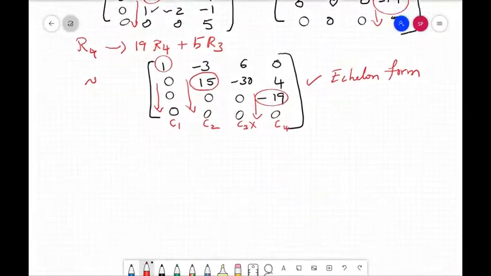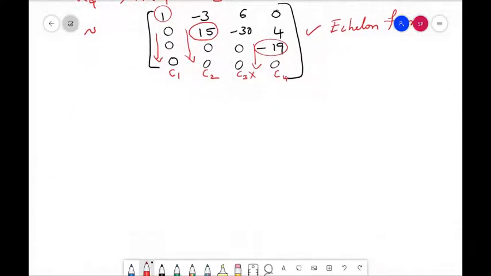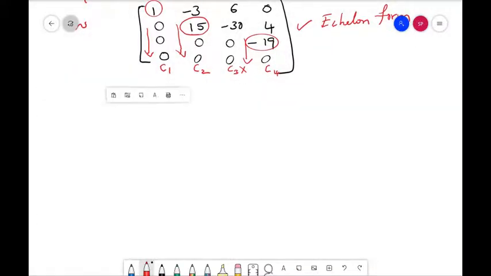So our next task from this is to get a basis for H. So now how many columns you have? 4 columns. So I will take here which columns are pivot columns, C1, C2, C4. So here I will write C1, C2, C4 are pivot columns.